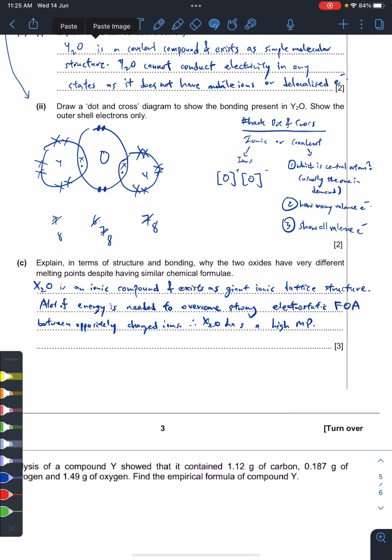Repeat for the other one. Y2O is a covalent compound.